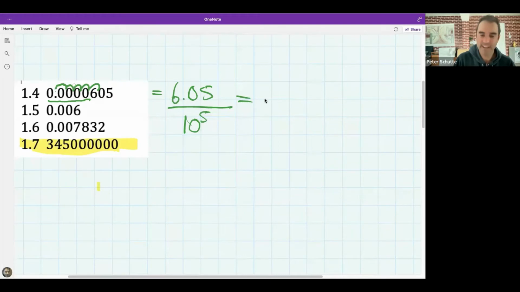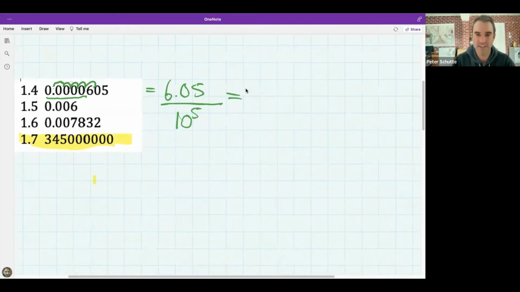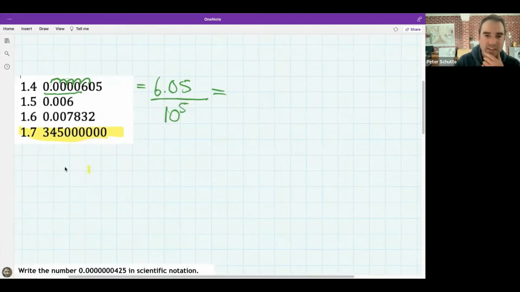So how do I make it look like scientific notation, nice and neat? There's another clever thing about exponents that some of you may not know, and I'm going to show you this little trick. If you have 1 over 10 to the power of 5, that is the same as, if I bring this thing at the bottom up above, 10 to the power of minus 5.